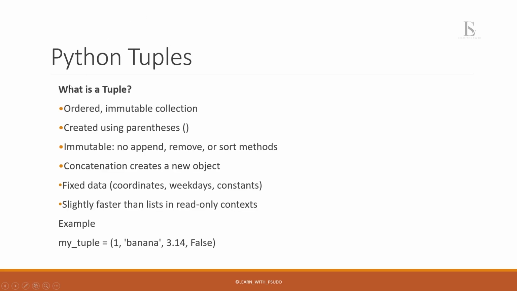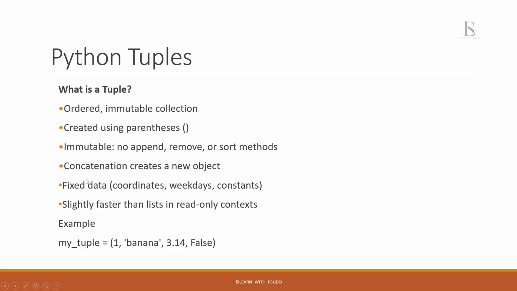We had talked about tuples. What are tuples? Tuples are ordered immutable collections created using parentheses. And since tuple is immutable, there is no append operation or remove operation or sort operation in it. If you want to perform such actions, you have to convert it to a list and then do that and typecast it back to a tuple, right?